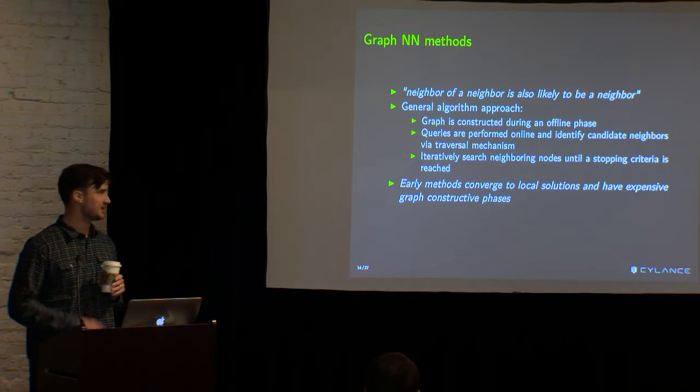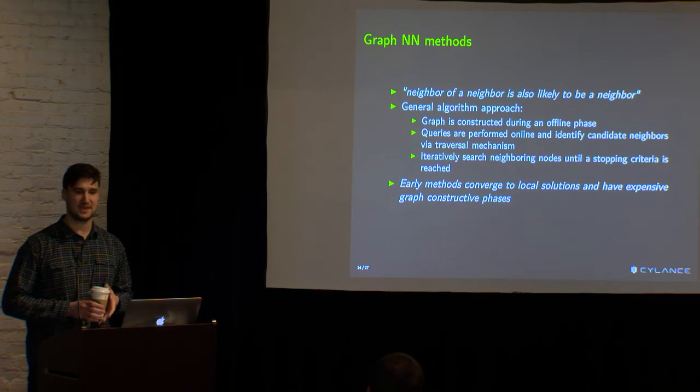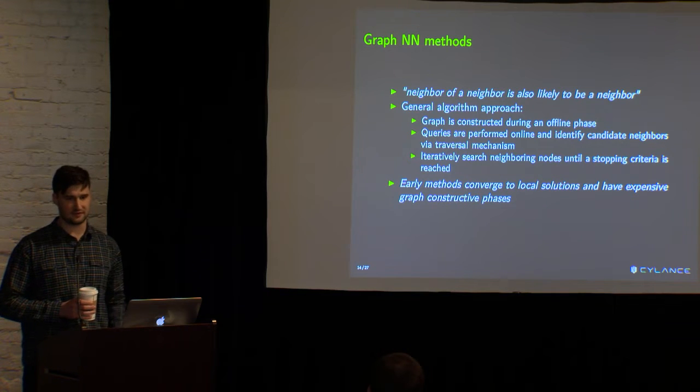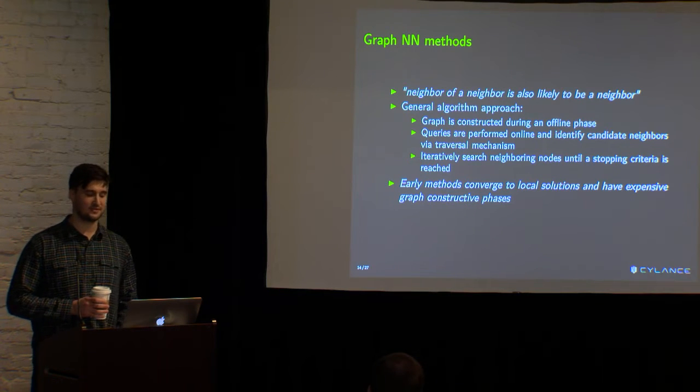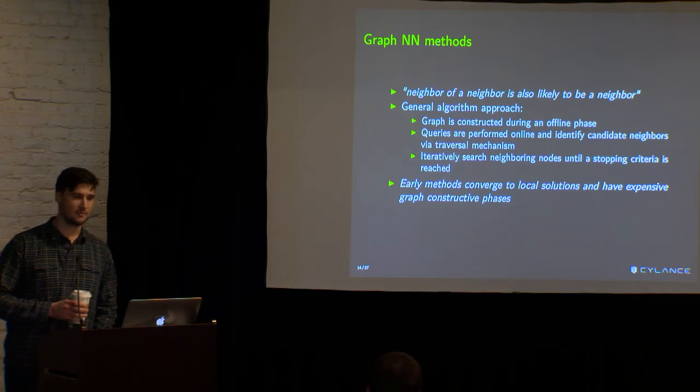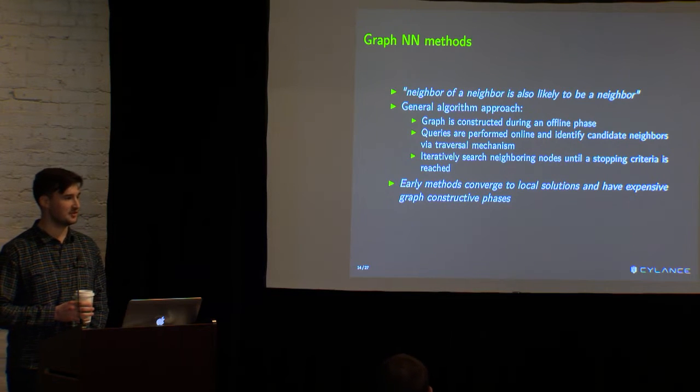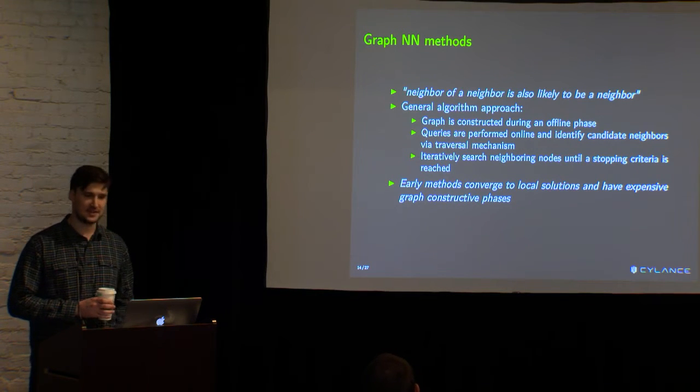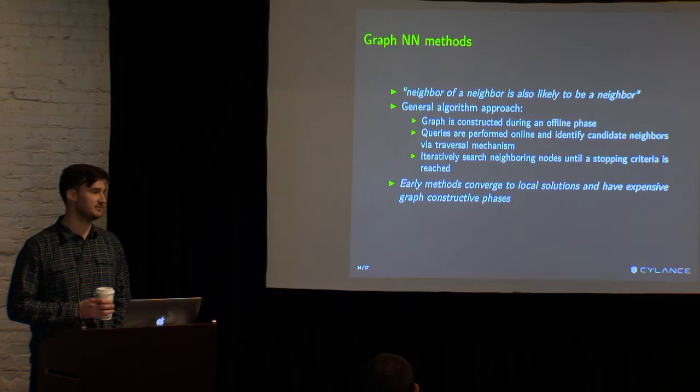And then finally, the last category of methods is graph-based methods. At least recently, a lot of the methods for graph nearest neighbor are based on the premise of neighborhood expansion. This is the idea that a neighbor of a neighbor is also likely to be a neighbor.